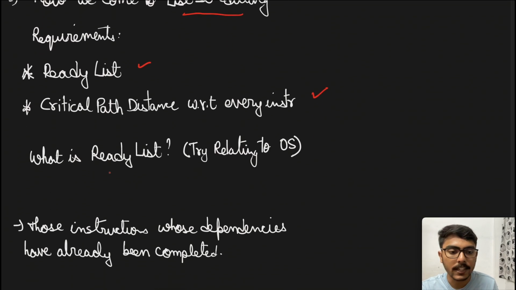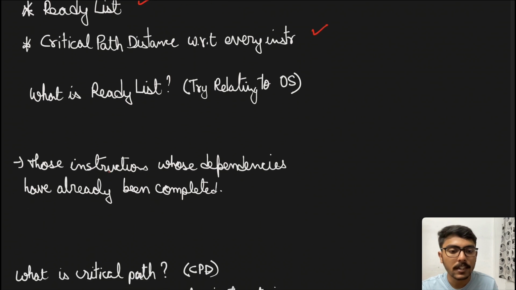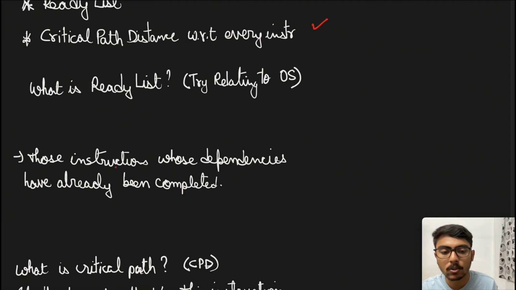Now we come to the next part, that is critical path. Critical path is somewhat the steps that we will take in order to reach the final destination from a given instruction. It will make more sense when I go into the definition.